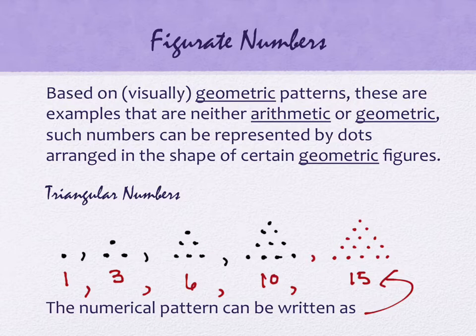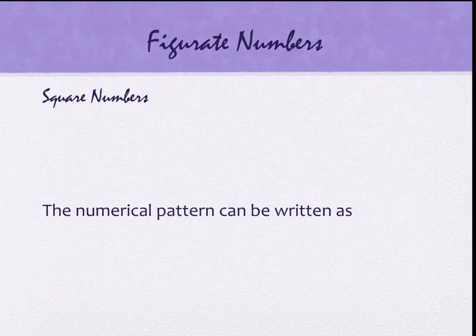So along that idea, Gracie, we're going to look at square numbers and notice the same thing. Triangular numbers form a triangular shape, and square numbers will have dots that form a square shape. So our first square number looks like, again, a single dot. And then I have 4 dots. Whoops, that wasn't very good. It's a little bit better.